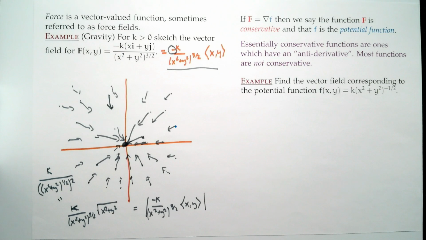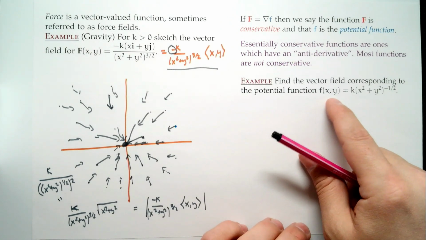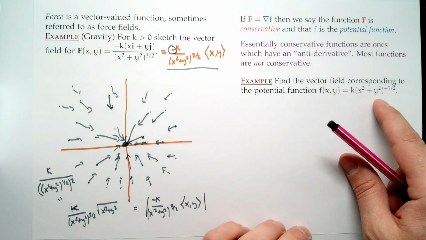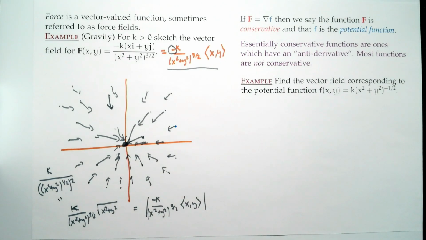Well, how do we find them? There's an easy way to make a conservative vector valued function, which is start with a scalar valued function you have, and take the gradient. So here's an example. Here's a function, capital F of x y, which is some constant k times x squared plus y squared to the negative 1/2.